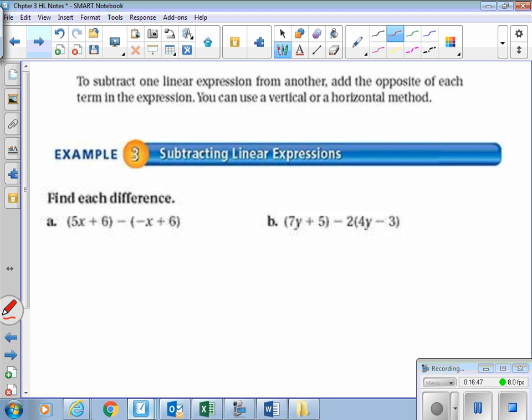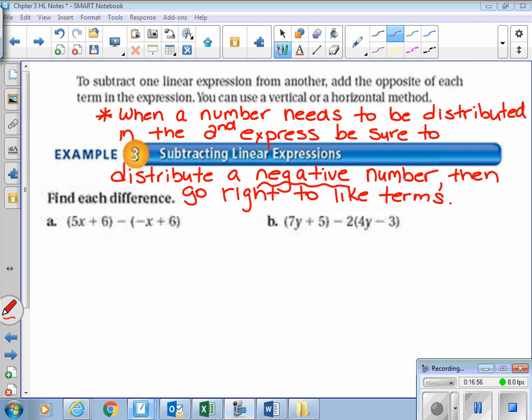All right, looking at the next examples, we're now going to move on to subtracting linear expressions. Okay, moving on to subtracting linear expressions, I added some notes here that you should probably copy in. For subtracting linear expressions, to subtract one linear expression from another, add the opposite of each term in the expression.